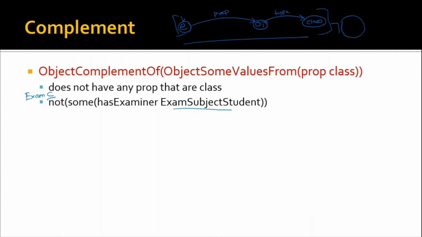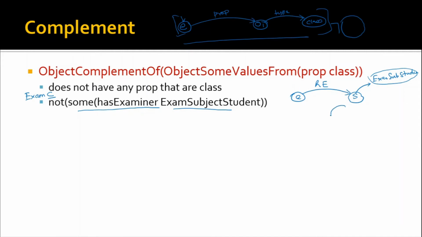So what we are doing to ensure that is, this part says that these are the kind of entities which have examiners, right? Some entity S which belongs to this exam subject student, and you don't want to have them, so you have all the entities like this.